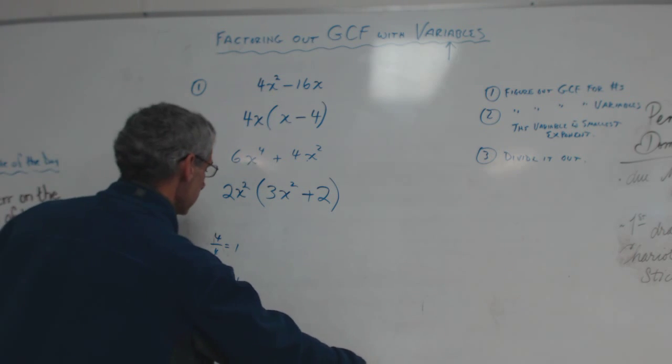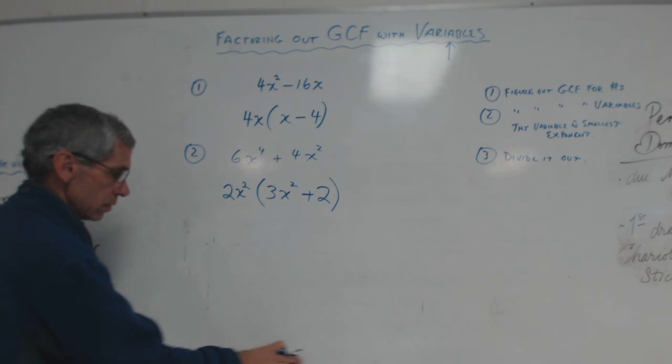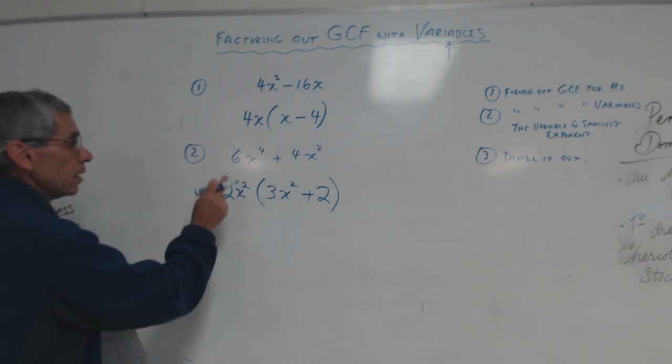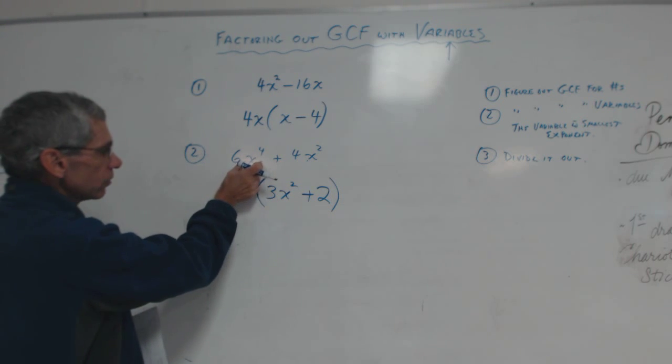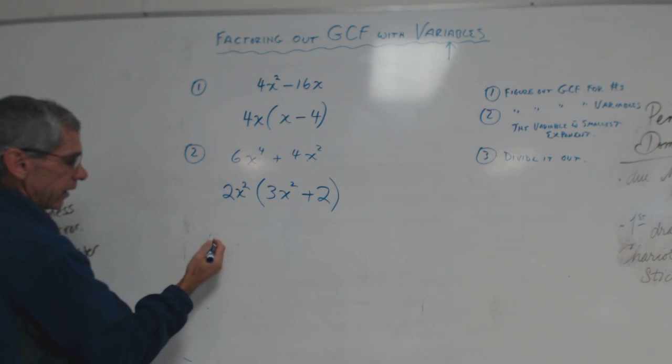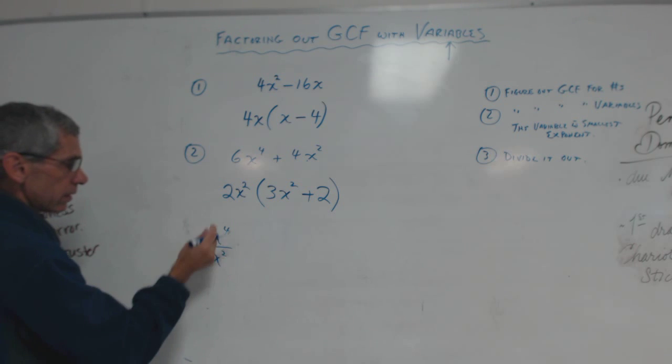All right. Where did you get the 3x squared? Okay. So 6 divided by 2 is 3. And then x to the 4th divided by x squared, because I'm dividing them, right?